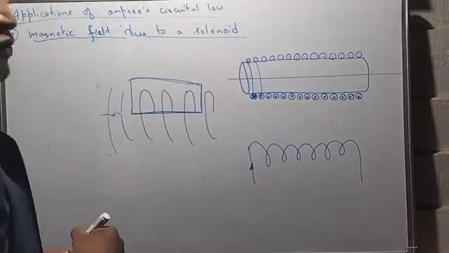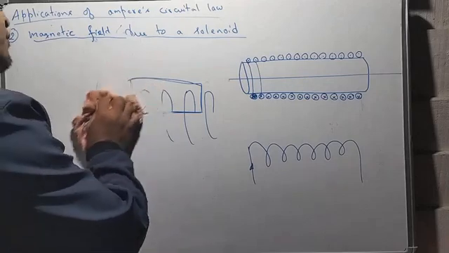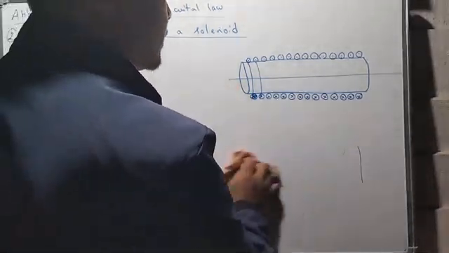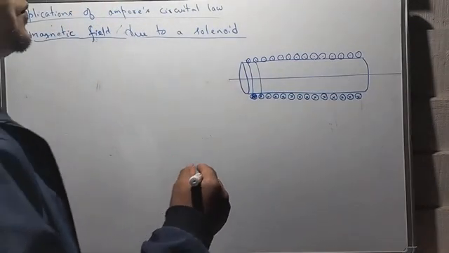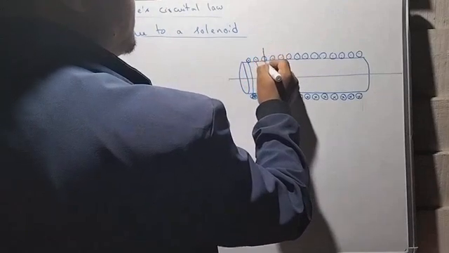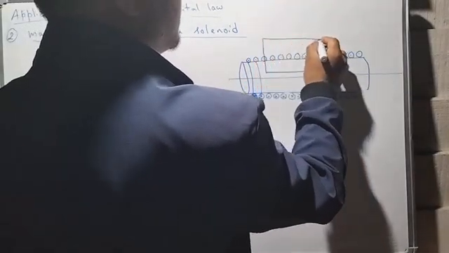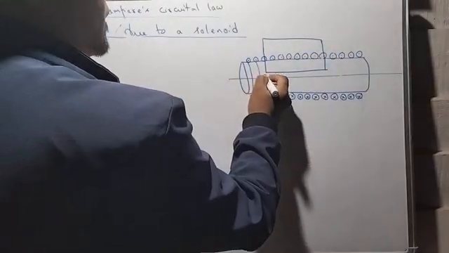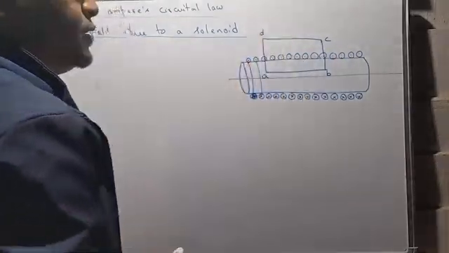It is difficult for me to show that here because we need a three-dimensional picture, but you have to think about it. So suppose this is my closed rectangular loop, and I will name it A, B, C, D.